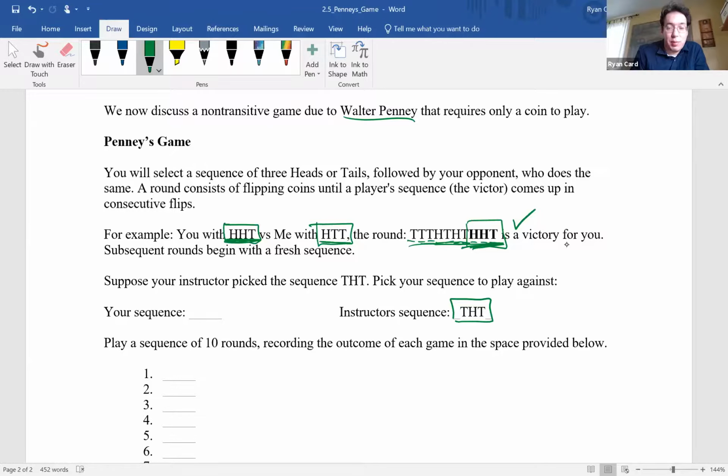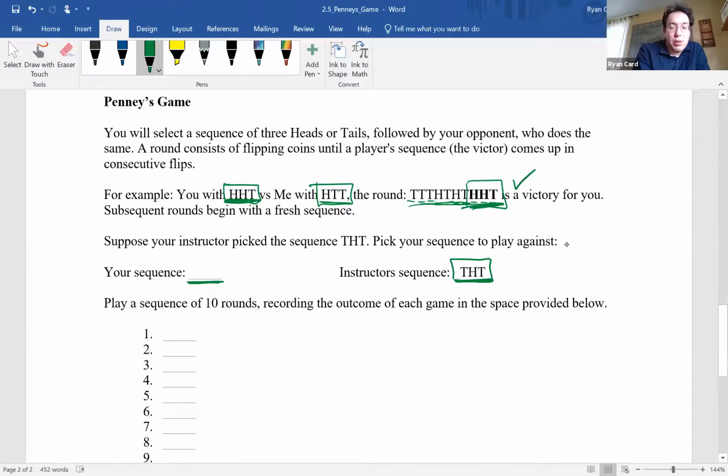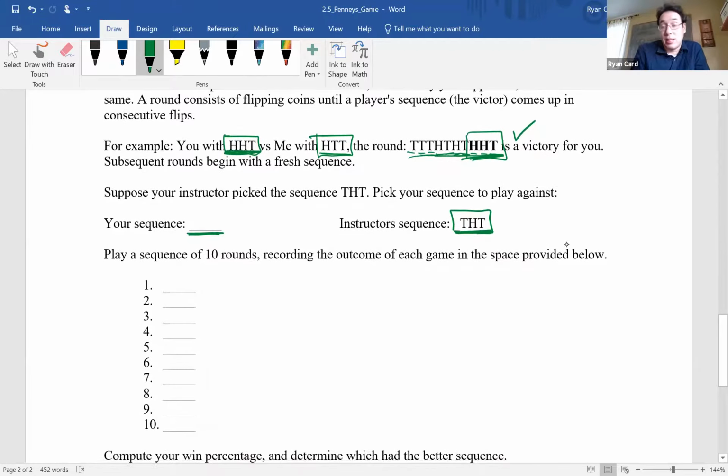You keep flipping until either THT or the sequence you pick appears, and then write down whether you won or lost, and then play this game 10 times. You could also use the random.org coin flipper if you want a whole bunch of coin flips quickly.